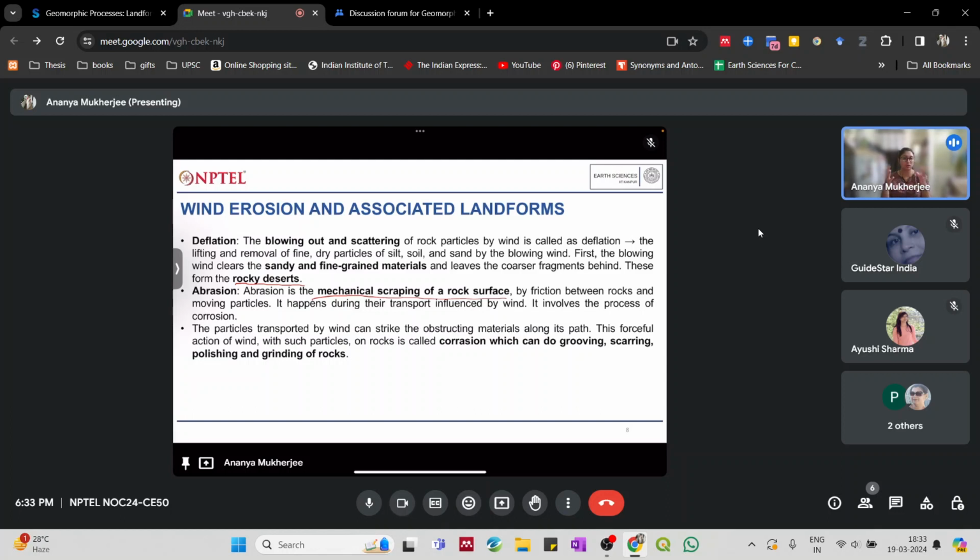If there is a rock exposure and the wind is carrying some finer rock fragments with it, it can scratch the surface of the bigger rock exposure, and due to abrasion the rock exposure can get shaped into a different kind of feature.